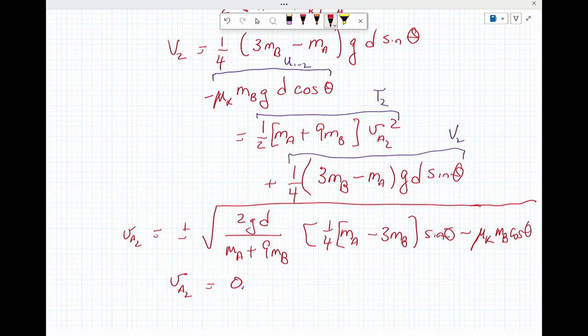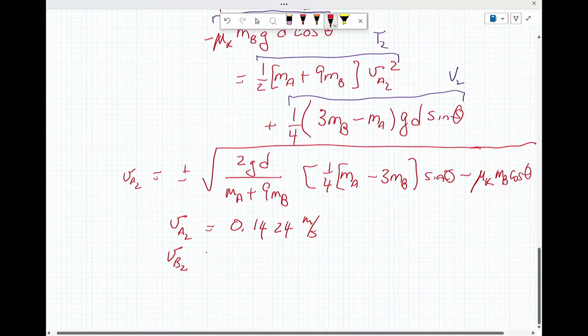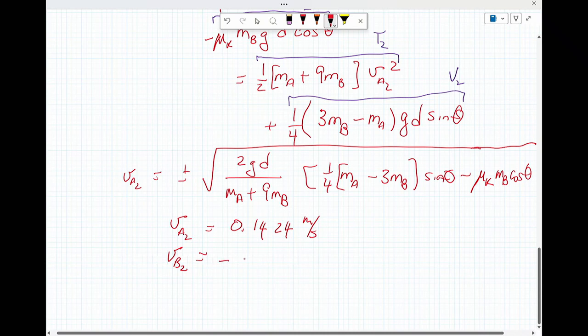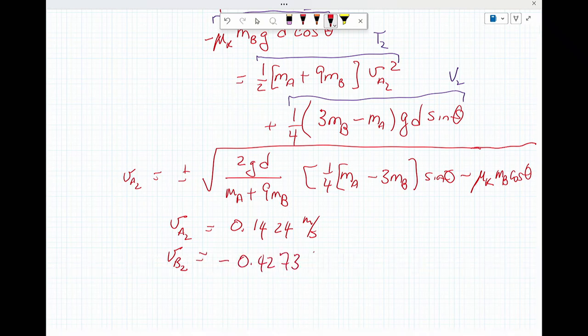VA2 then is equal to 0.1424 meters per second. VB2 is equal to minus 0.4273 meters per second.